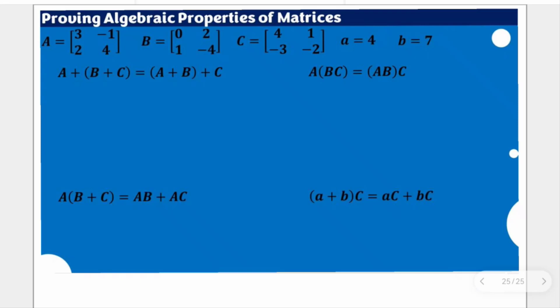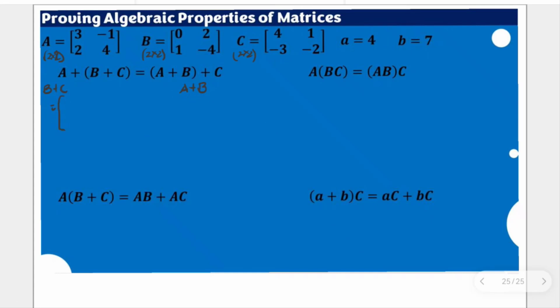Take note that our matrices here are all 2 by 2 matrices, so they are all defined in terms of addition, and they're also defined in terms of multiplication, as it's also a concern a little bit later. So let's start first with B plus C here, and later we also have A plus B on the right hand side before we add the remaining matrix.